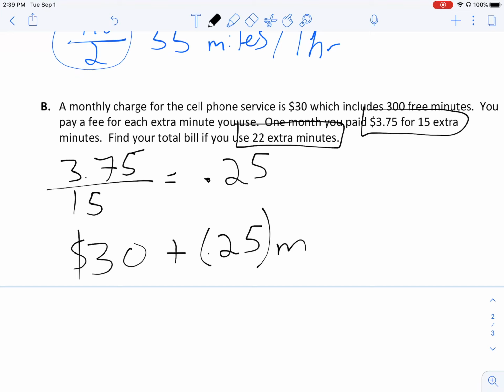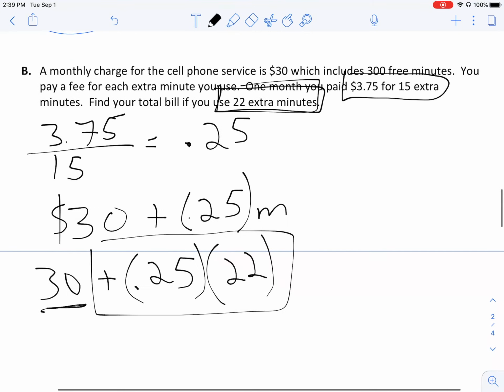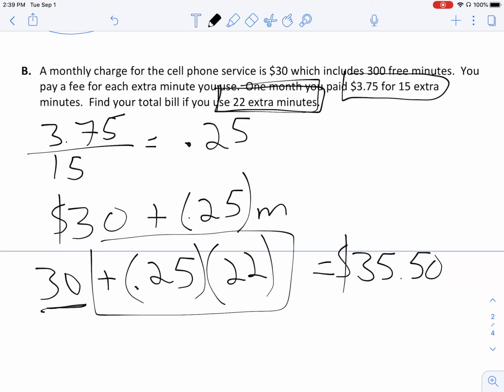In the problem, I went over 22 minutes, so 30 plus 0.25 times 22. This is my base pay, and this is what I pay in addition for my extra minutes. When that's all said and done, I pay $35.50 for my cell phone bill. I really wish that was what your cell phone bill was nowadays.